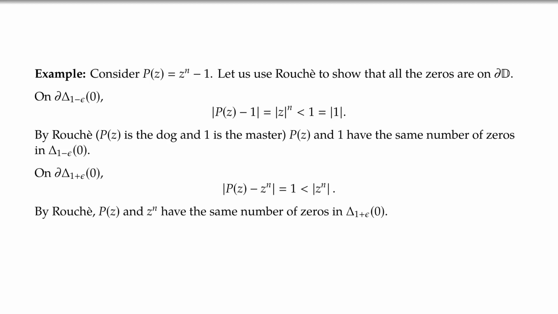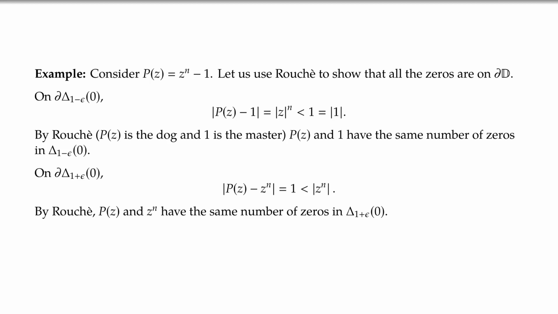On the other hand, if I look at a circle of slightly bigger radius, 1 plus epsilon, than the unit circle, well then let's subtract z to the n. So p of z minus z to the n, well that's just 1, right? And if we're on this circle, then the modulus of z to the n is strictly bigger than 1.